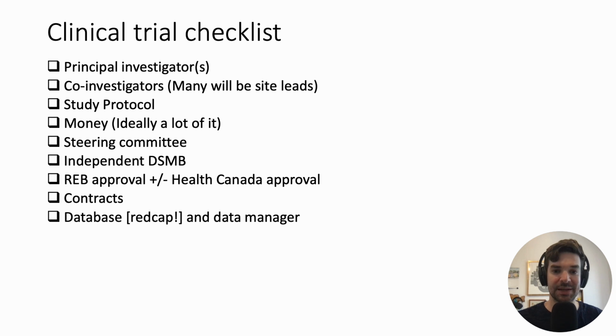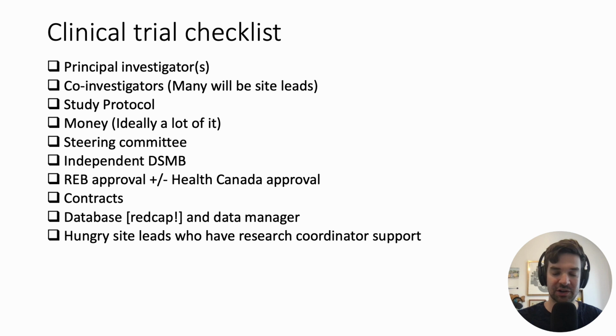Next up is a database. So your database, I would recommend building it with REDCap and hopefully having a really good data manager and data analyst. And then you got to have hungry site leads who are going to support the research coordinator and really help to identify patients. And of course, you need patience.